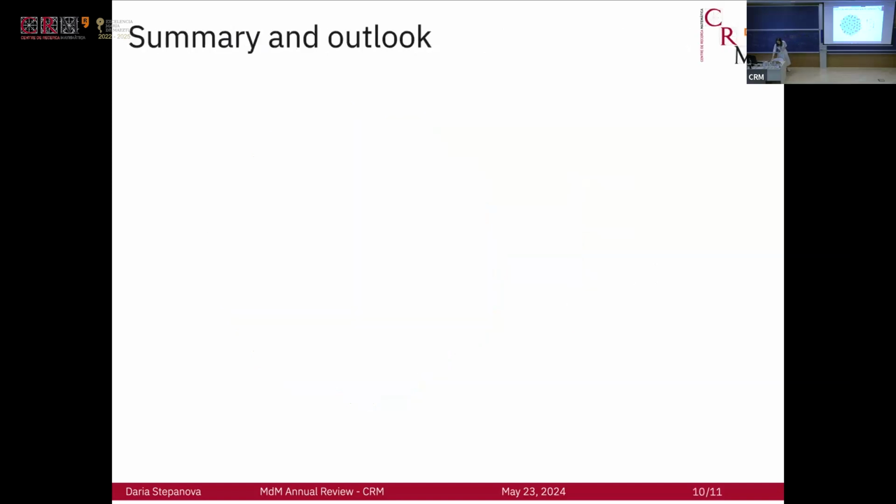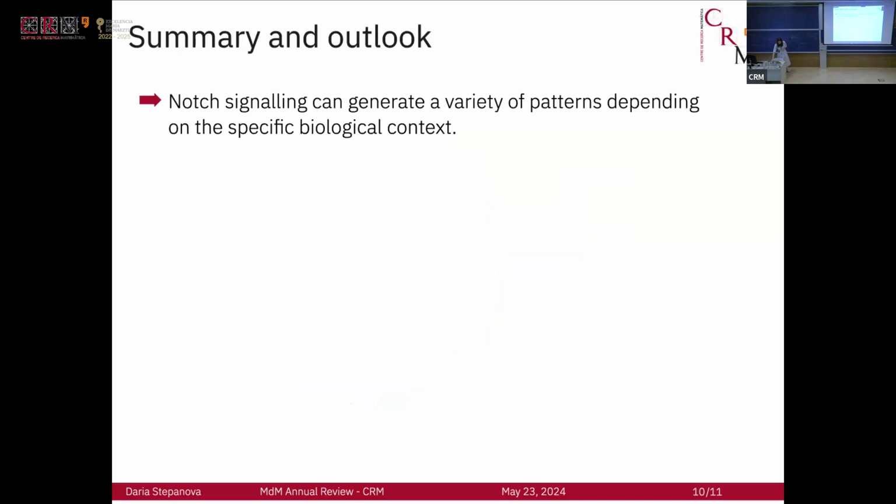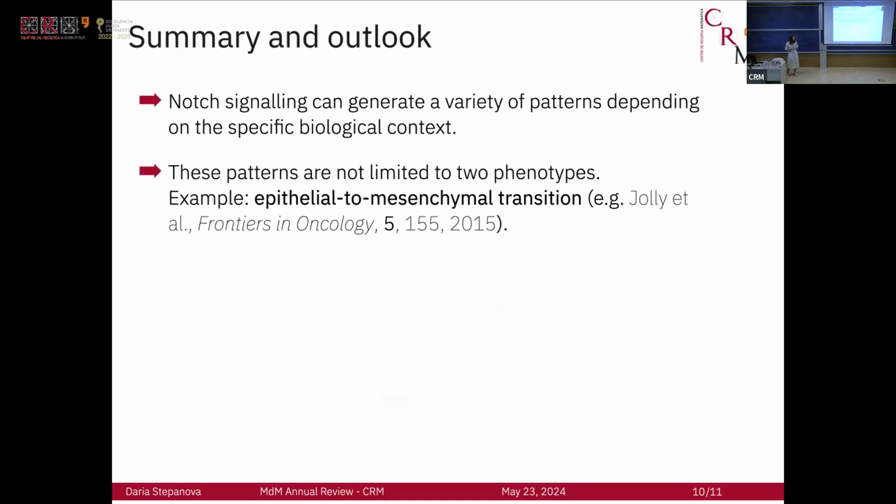So, that's it, just to give you some summary and the outlook. Depending on which specific biological context it is found, notch signaling can generate different patterns. And I even mentioned that the pattern can be of a stripe type, although I didn't cover it in this talk. Then the patterns that are obtained don't have to be limited to two phenotypes, although I was mentioning only two phenotypes.